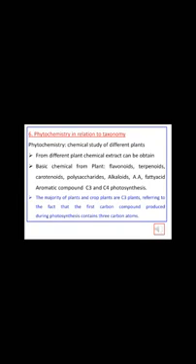Photorespiration is completely absent in C4 plants. Remember that the photorespiration in C3 plants is very high, while in C4 plants the photorespiration is absent.